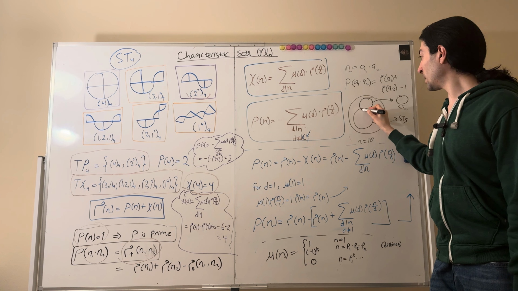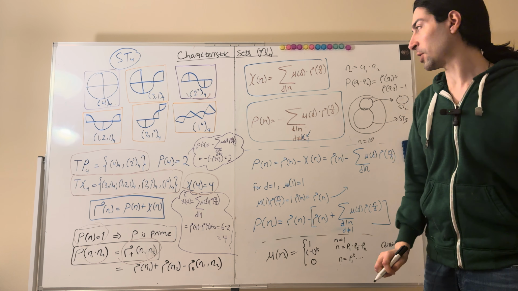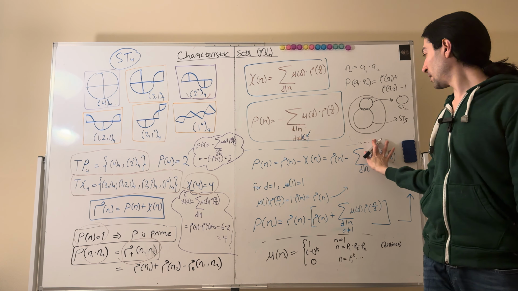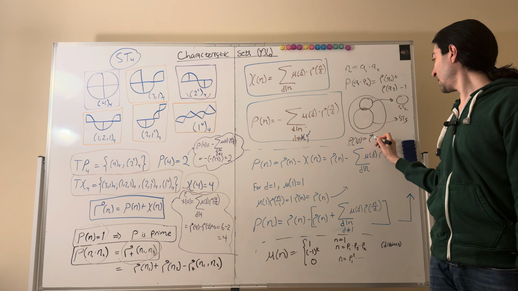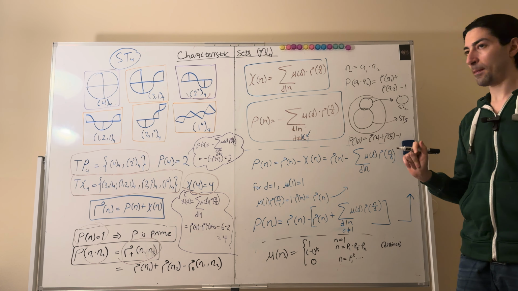And the -1 is because we have the theta structure in common between these two. So we can see why rho of 10 is equal to meem of 2 plus meem of 5 minus 1.